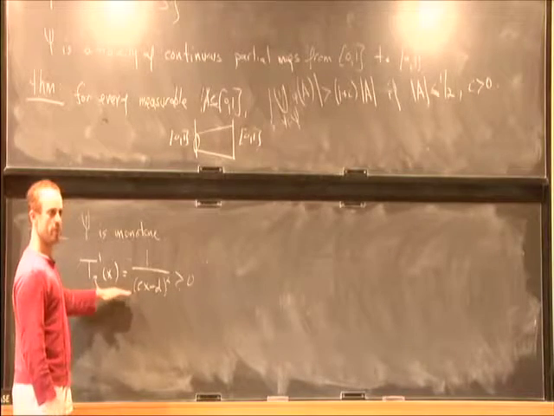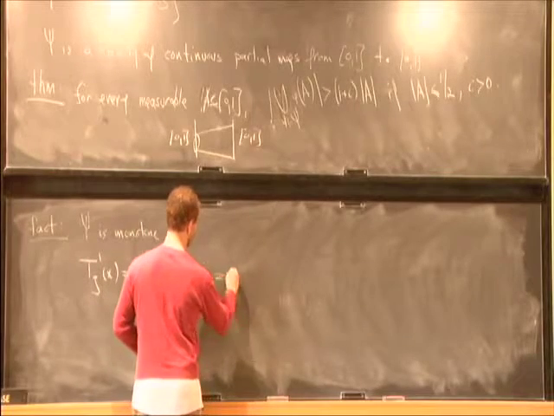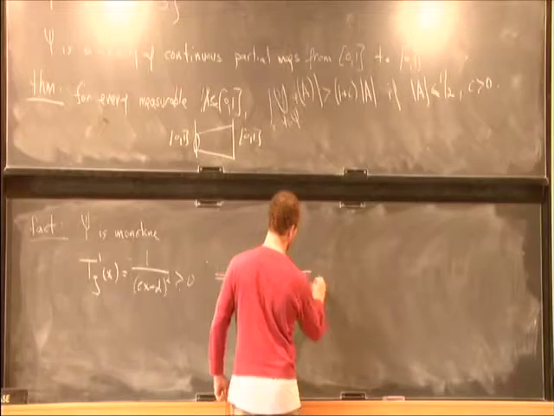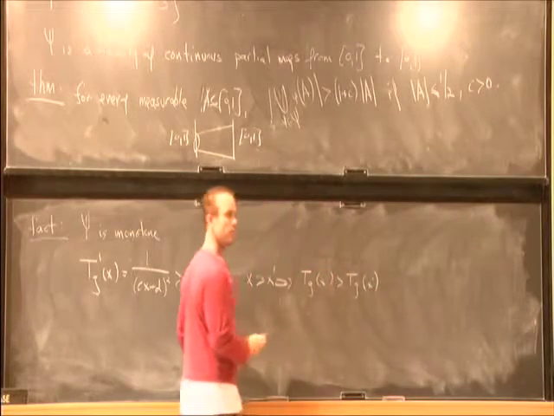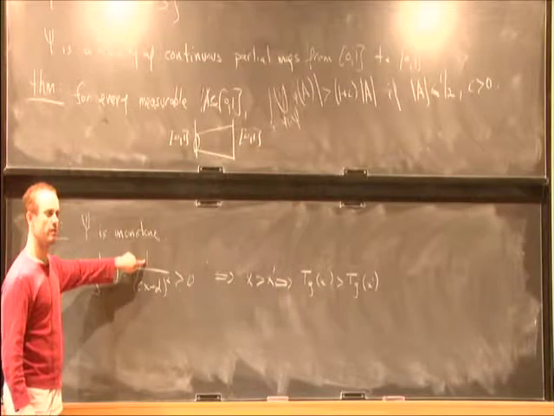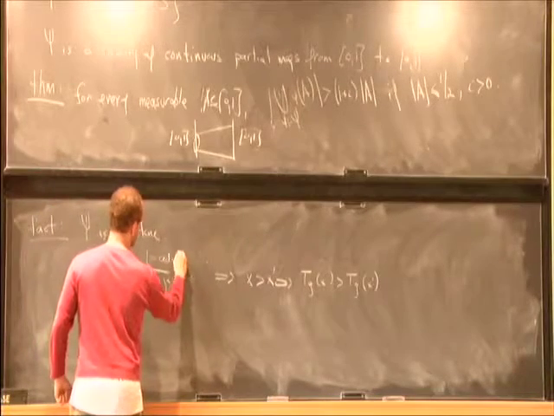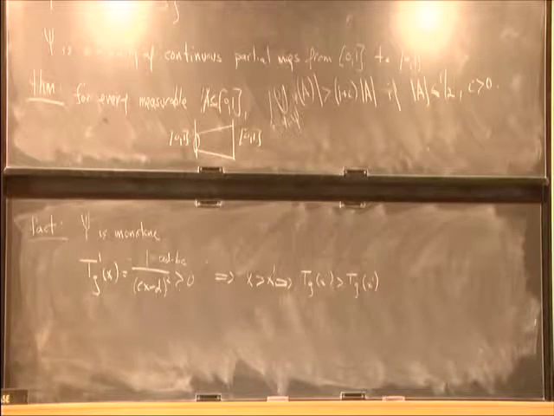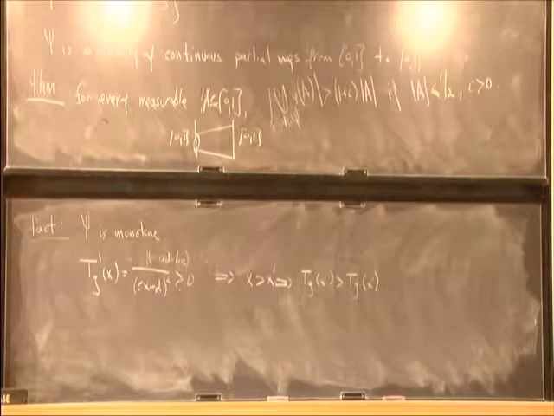For every point, this means that if x is more than x prime, then g of x is more than g of x prime. No, this is this one, it's ad minus bc, which is positive.